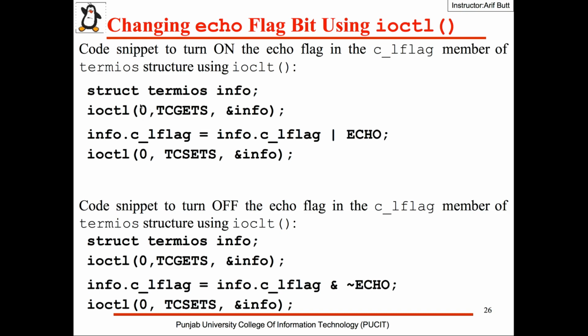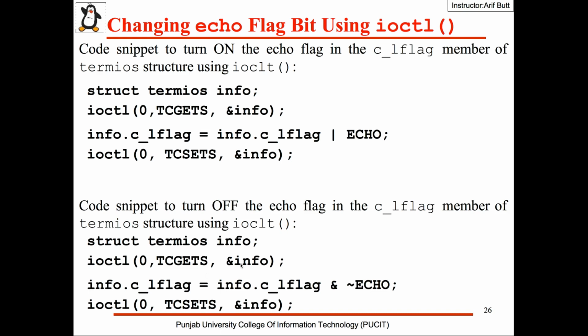This TCGETS is a constant which says I want to get the attributes, and this is the termios structure which will be populated with the current attributes. Then I'm using the bitwise OR to set the echo flag, and then I am setting the attributes back using ioctl. And similarly, we are doing this thing over here.